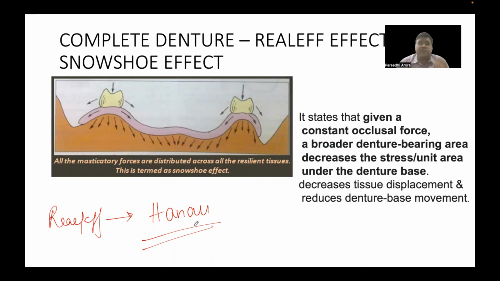The amount of stress per unit area is less. That is called the snowshoe effect. As long as you cover the maximum denture base area for a complete denture, you will get a good snowshoe effect.